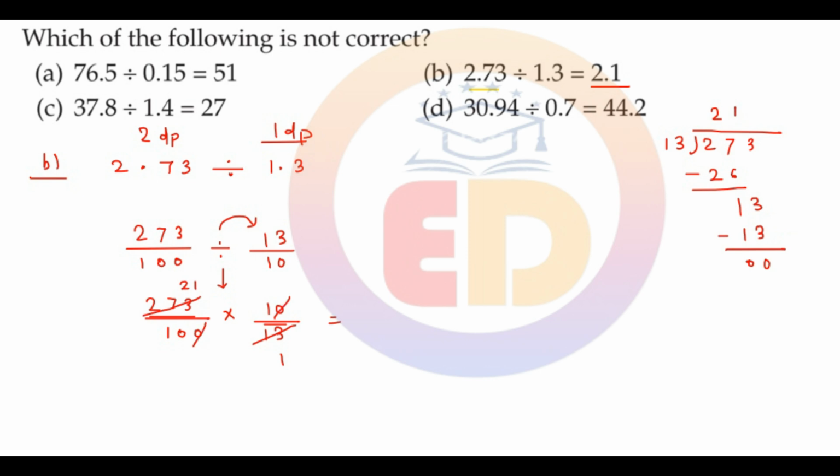In the numerator I am left with only 1 and 21. 21 into 1 will give me 21 in the numerator. Denominator I have 10, into 1 it will be 10. Now understand 10 has one 0. So go to the numerator 21, count one digit from the right side. Put a decimal point, it will be 2.1. So option number B is correct. Cannot be our answer.